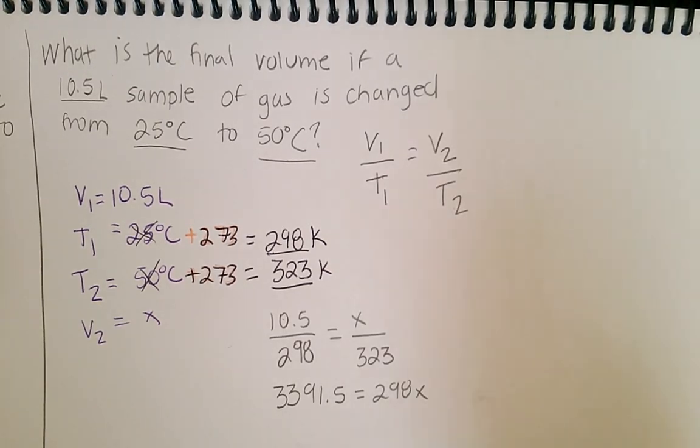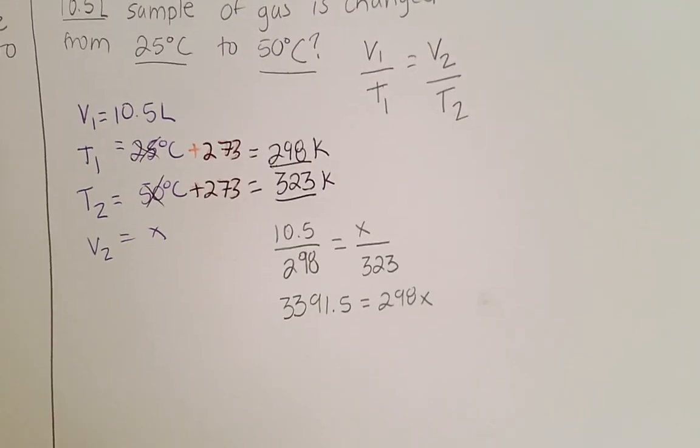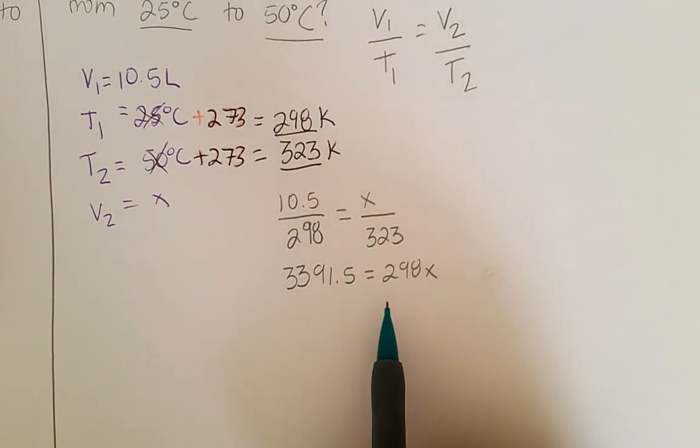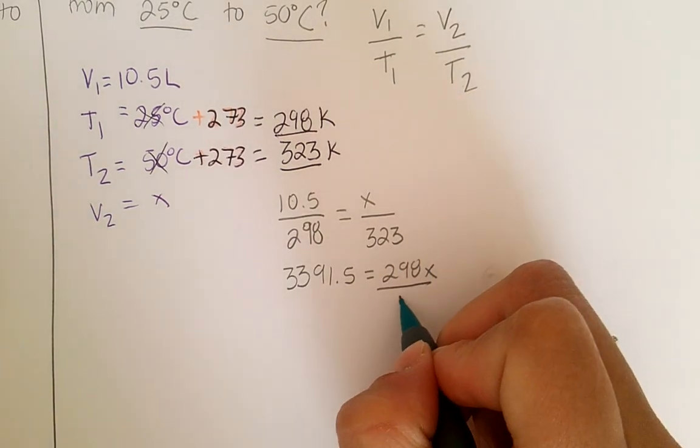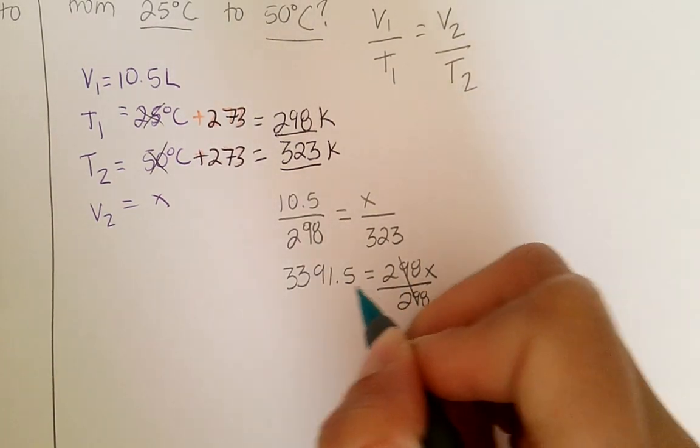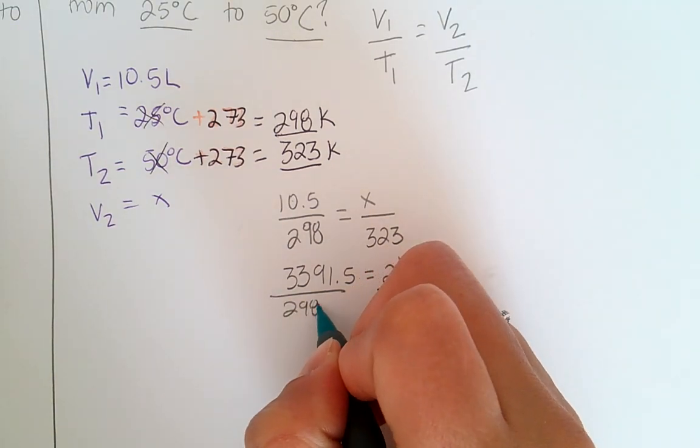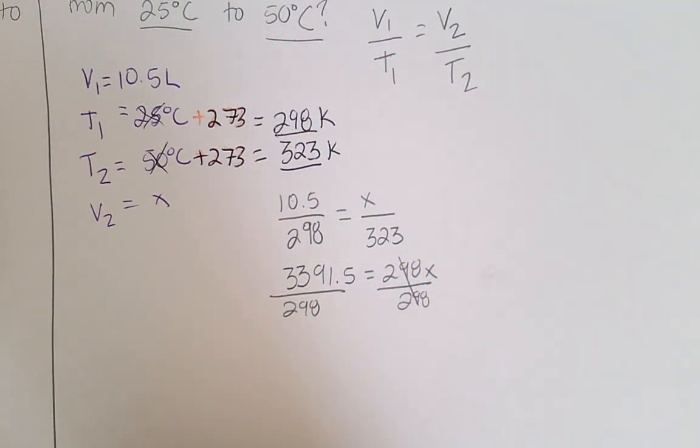Now we want to solve for x, so we're going to divide by 298 on both sides. So we can get rid of the 298 on this side. The number that you have in your calculator, divide by 298, and you should get 11.3808725.